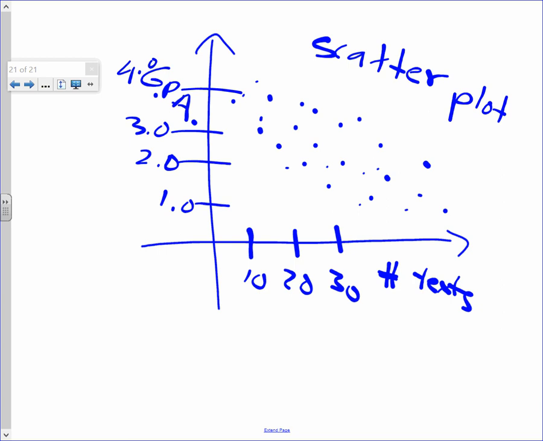Because notice, if I drew a line, put it in red here, a line that's as close as possible to all the points, maybe about right here, we call that a line of best fit. If I were to draw this line, then create the equation of this line, and you already know how to create equations of lines, in point-slope form and slope-intercept form, we can describe and approximate the data.